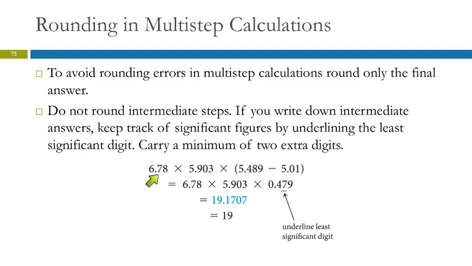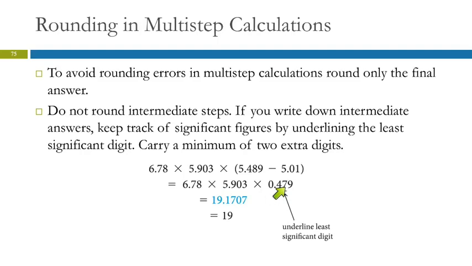So let's look at what's happening with this example. 6.78 times 5.903 times the quantity 5.489 minus 5.01. So we have subtracting here and we have multiplying. Those use different rules for keeping track of sig figs. So I'm going to do the subtraction and write down what my calculator shows me, 0.479. If that was a final answer, I've got 3 decimal places and 2 decimal places.